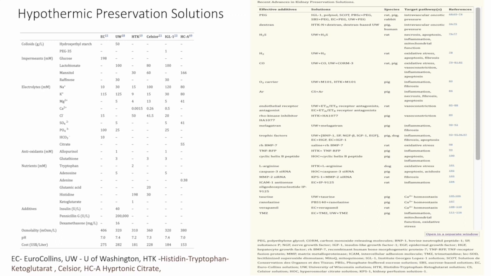So the key element in subnormothermic preservation is the solution in which you keep the cells or the organism.